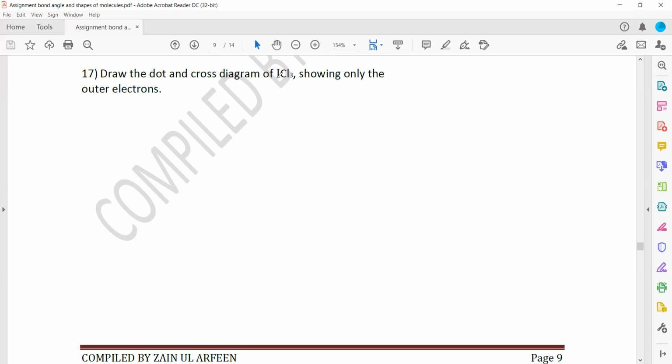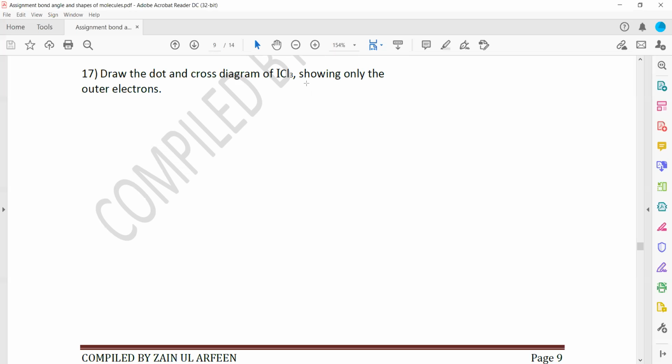So if you want to draw a dot and cross diagram, iodine belongs to group 7, so according to group 7 it should share only 1 electron, and chlorine also belongs to group 7, it should also share 1 electron. But what happened specifically in ICl3, because some of the elements can adjust more electrons in the outermost shell.